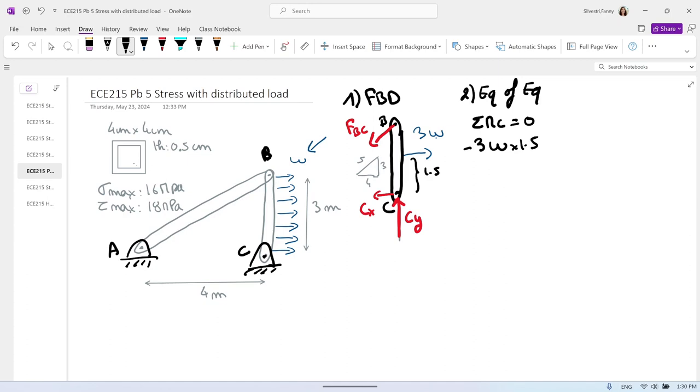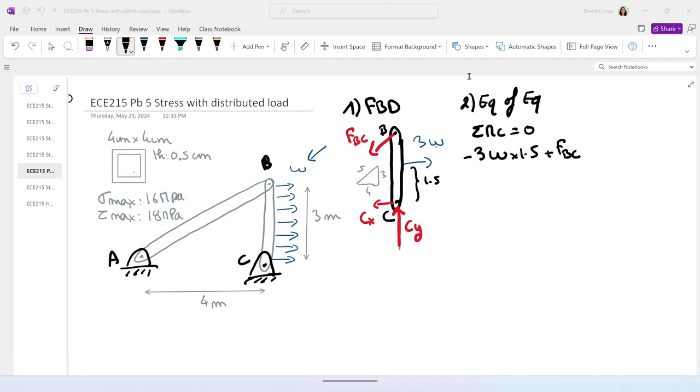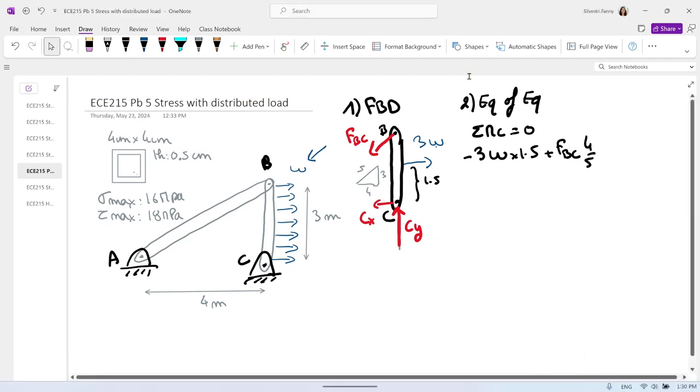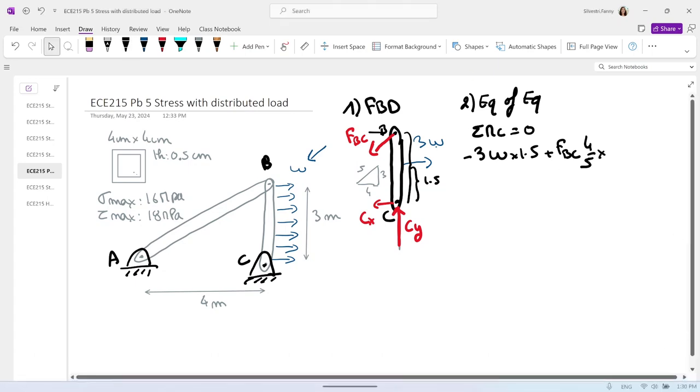And we have the FBC, but just the FBC on X, which creates a positive moment. So plus FBC times 4 divided by 5, using the 3, 4, 5 triangle, to have just the component on X. And times the total distance, from there to there, which is 3, equals 0.